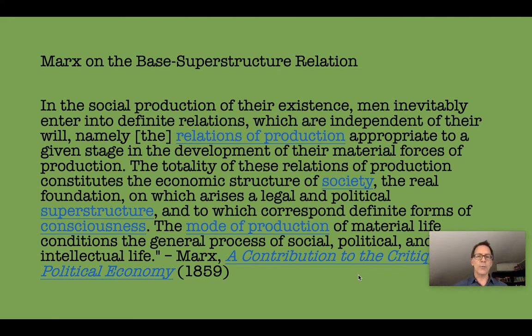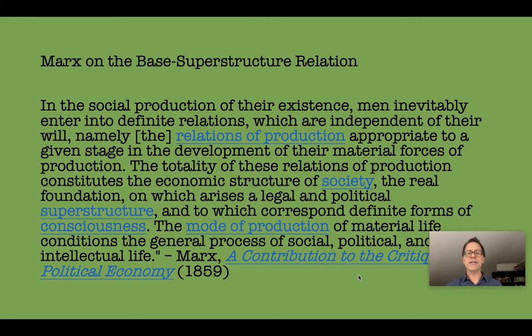Now, we don't have to worry too much about what he means by a stage in the development of the material forces of production. He's basically talking about how it is that capitalism and the forces of production, right? The infrastructure within the sphere of production, how and why that develops.